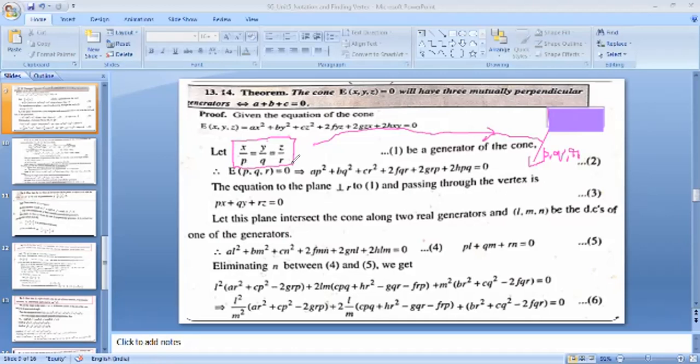And further, what is the equation of this particular plane? This plane is given by Px plus Qy plus Rz equal to 0.